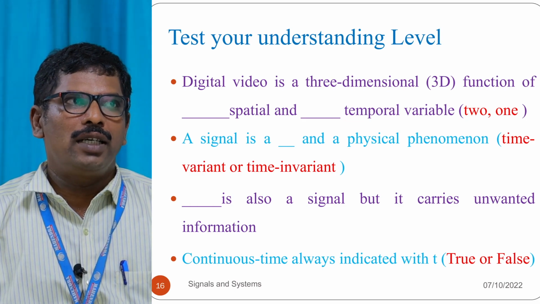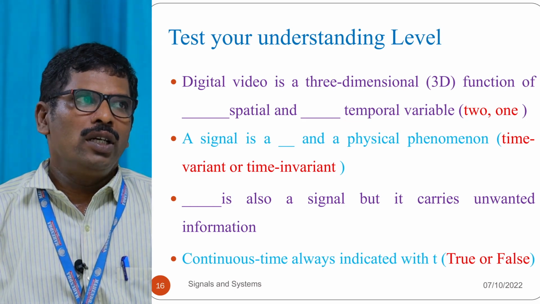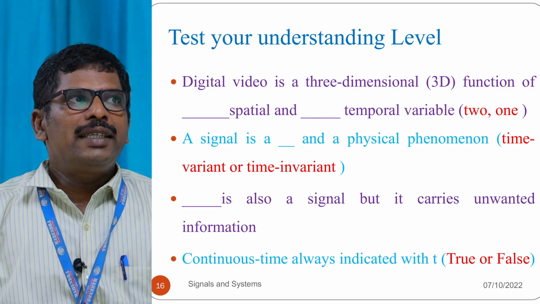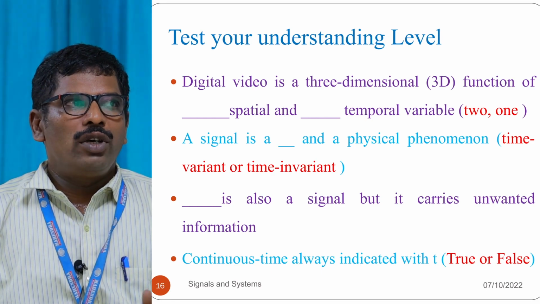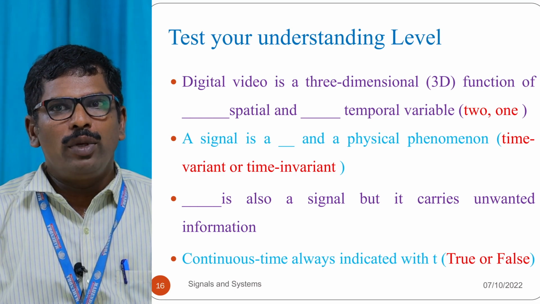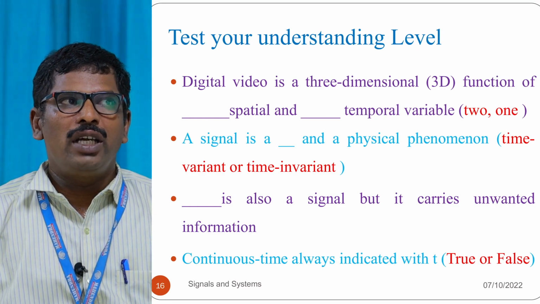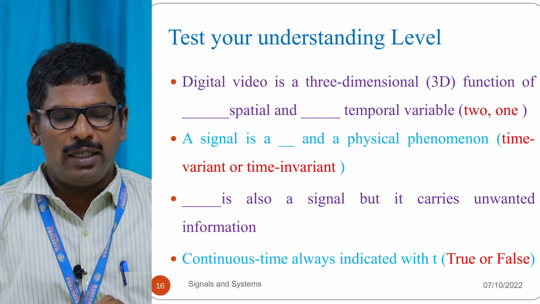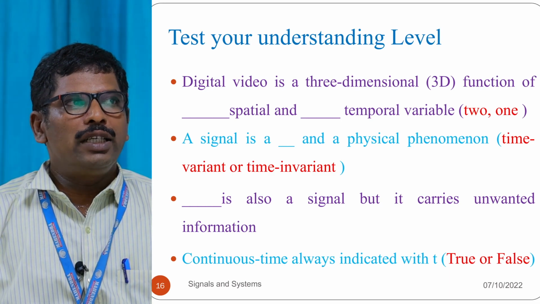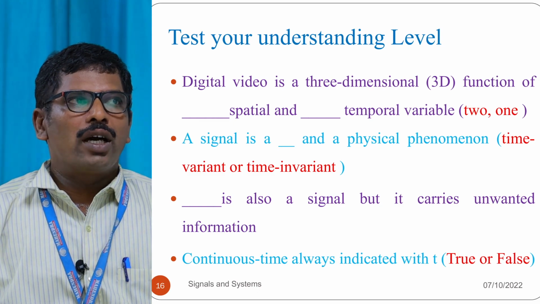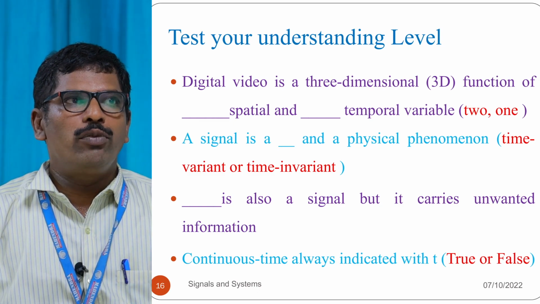That's why we call it a temporal variable. The next question: is a signal time variant or invariant? Most probably a signal is a time varying quantity, not an invariant quantity. Invariant mostly relates to DC supply. So we mostly call the signal time variant.